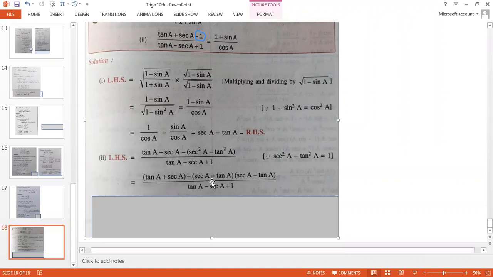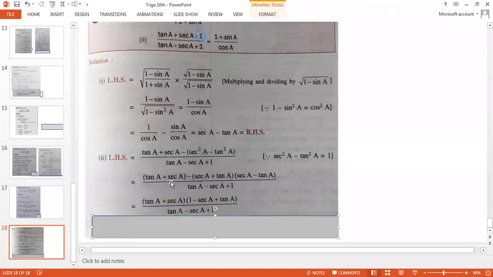Look at this. What is this factorization? Sec A plus tan A can be taken out common. So what have we done? Tan A plus sec A has been taken out common. So what will be left over? From this term, there will be left over 1, because tan A and sec A has gone out.